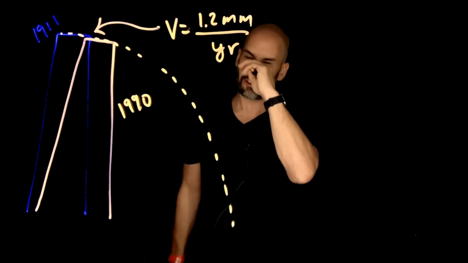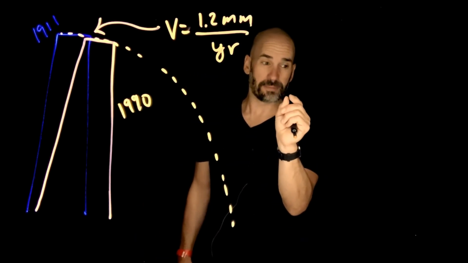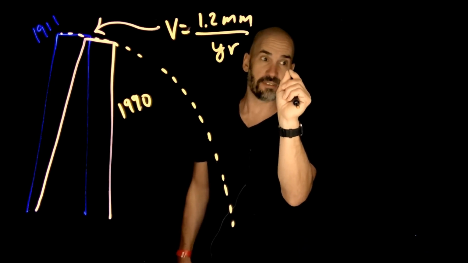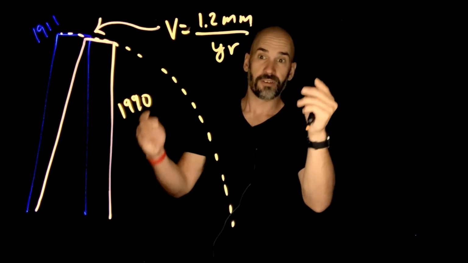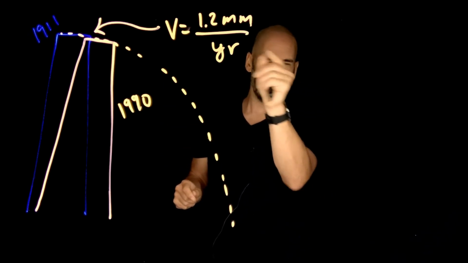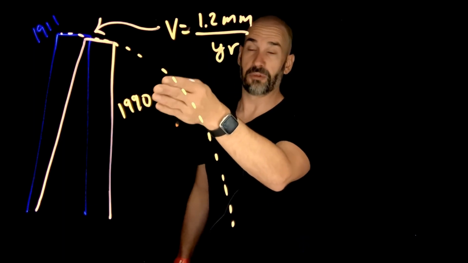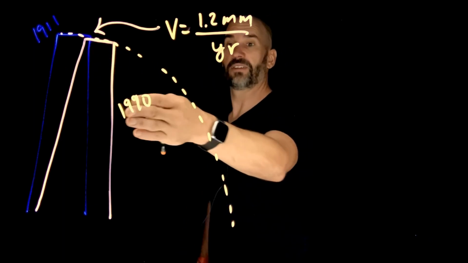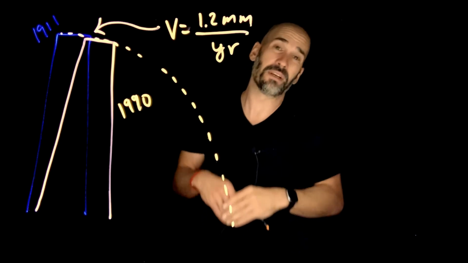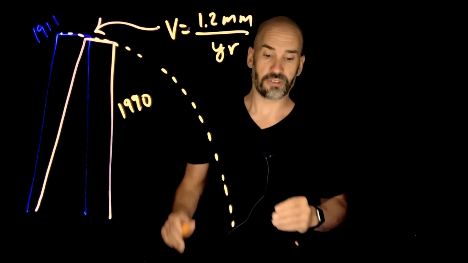Cool that we can actually measure that. That's obviously nothing. 1.2 millimeters is the tiniest little fraction of a yardstick. A tiny little millimeter every year. But we can pay attention to how much it moves, because between 1911 and 1990 that's kind of significant, and because it is a preserved heritage site, we are keeping very close eyes on it.